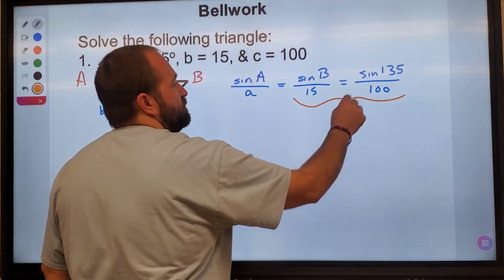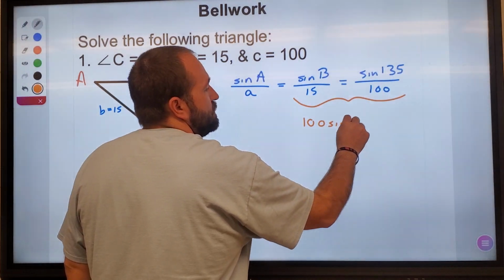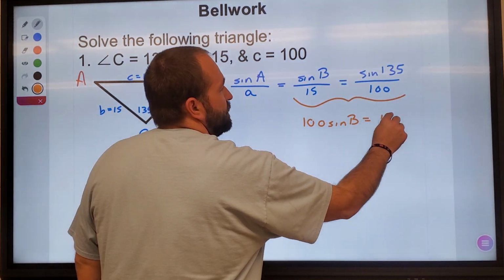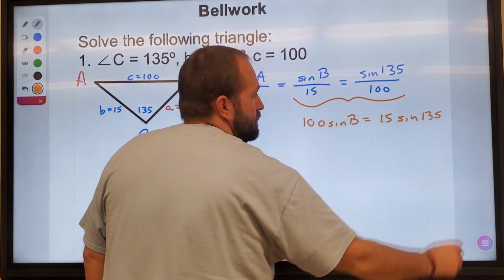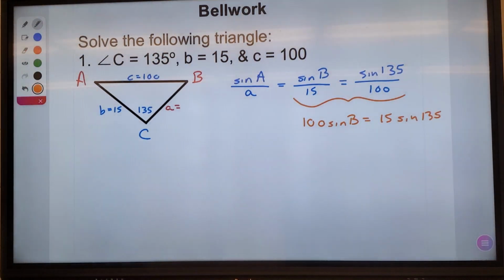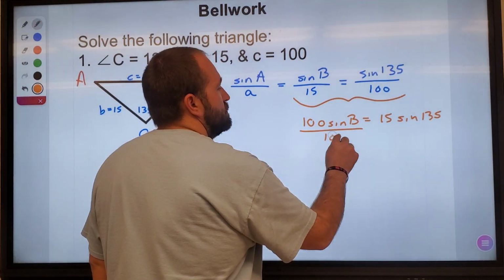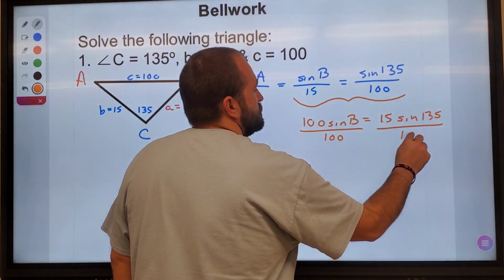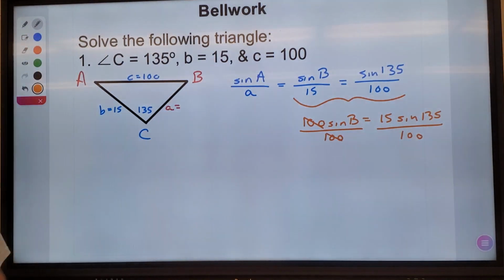We're going to cross multiply, so I have 100 times sine of angle B is equal to 15 times sine of 135. We're going to divide both sides by 100. And again, here I have to get rid of that sine, so I cannot just divide by sine. I have to use the inverse sine to get rid of sine.